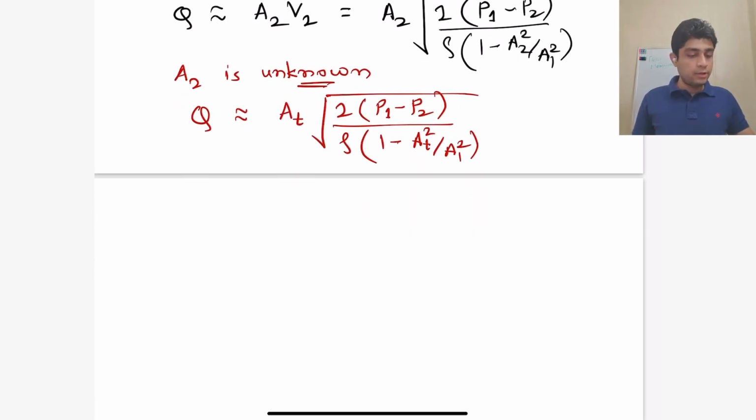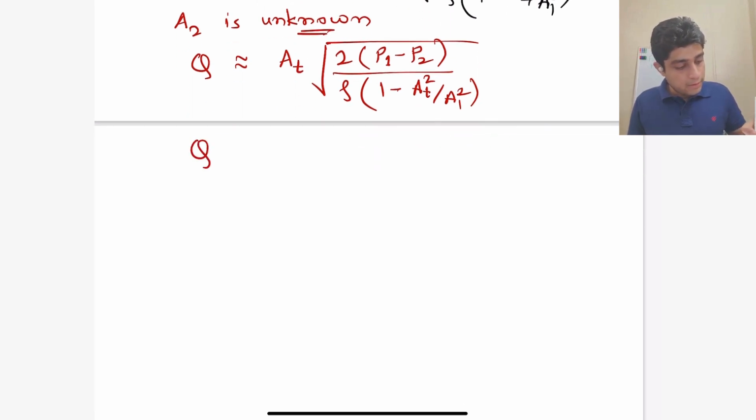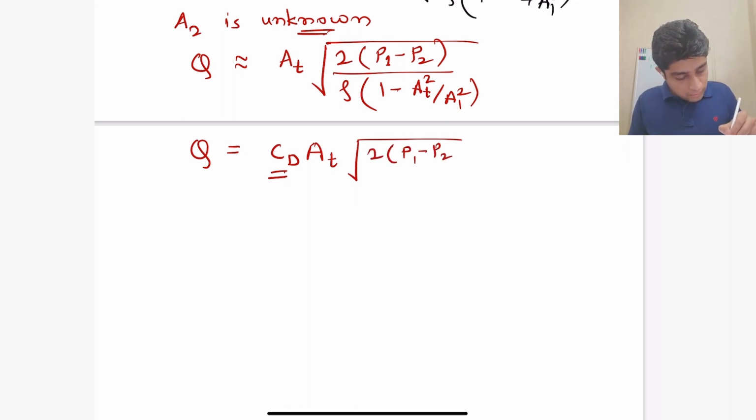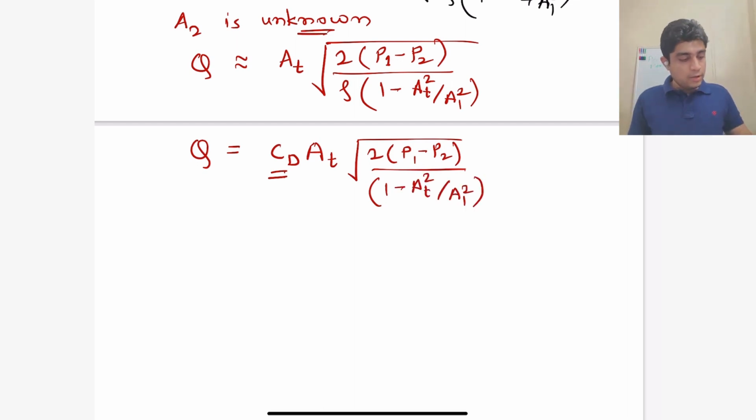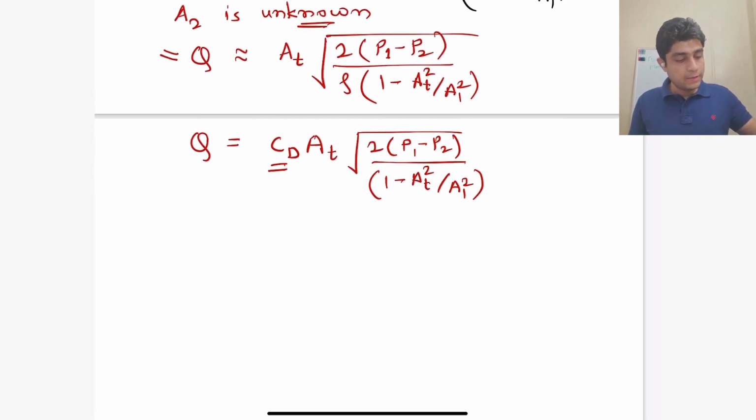Since we have used so many approximations, to get the exact correct value of the flow rate we need to correct this expression by introducing a pre-multiplier, which is called the discharge coefficient, denoted by C subscript D. So the first expression is an approximate flow rate, but we have corrected it using this coefficient of discharge, and this is the exact flow rate now.